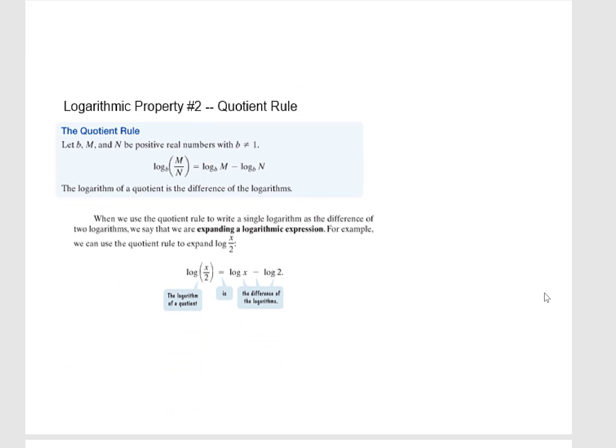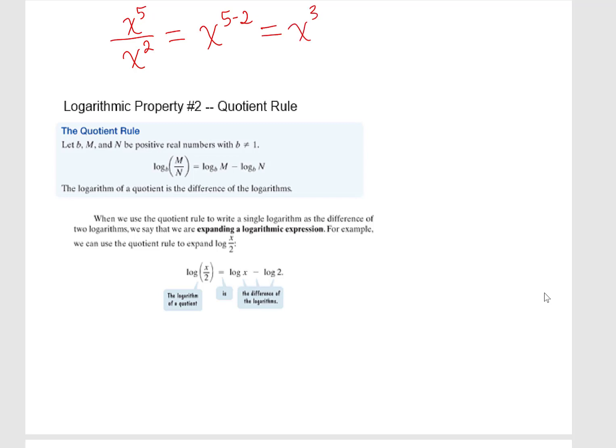Okay, logarithmic property number 2, the quotient rule. Let's think back to what our quotient rule was when we were talking about exponents. The quotient rule said, if you have the same base in a quotient, then you would do subtraction between the two exponents, right?